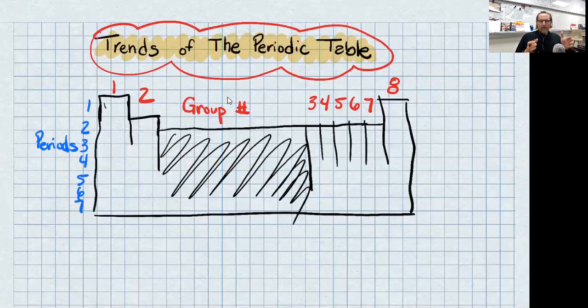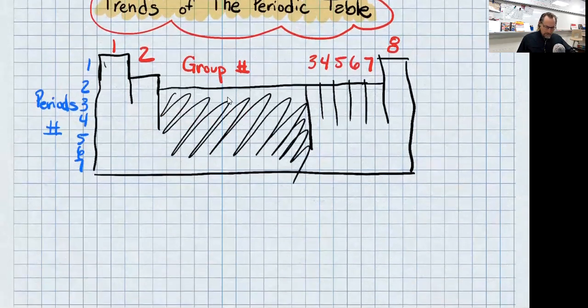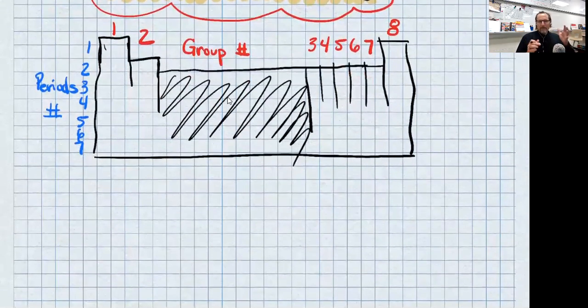But those period numbers over here are basically the rows across. So again, columns are the groups, rows are the periods. And that's going to give us some real valuable information about each of those different elements as far as where it's placed on that periodic table.